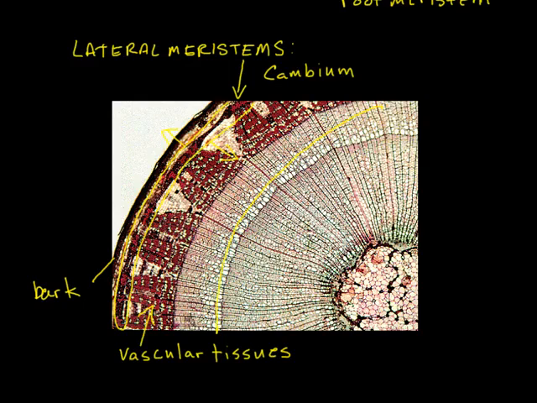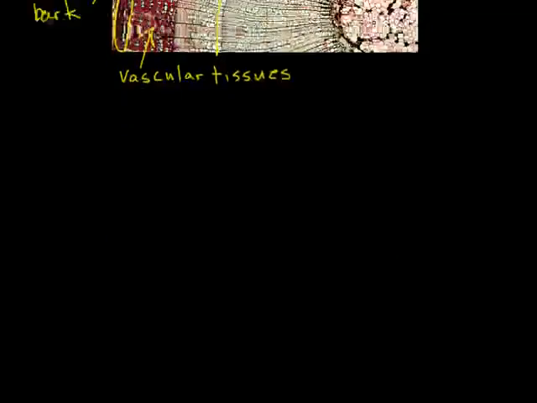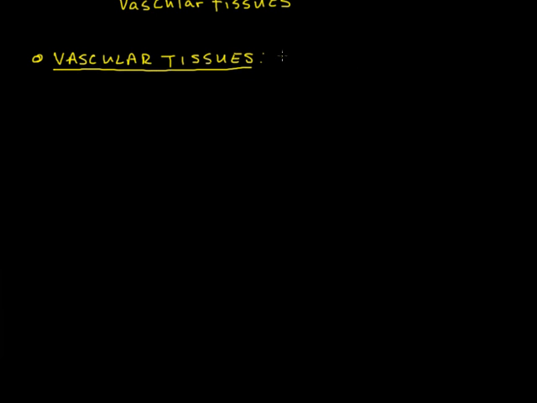Let's talk about some non-meristematic tissues, and we're going to spend the rest of this module talking about what are known as the vascular tissues. The vascular tissues are differentiated, which means that they are types of what we call permanent tissues.